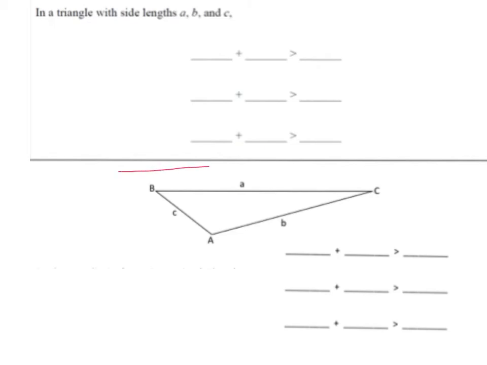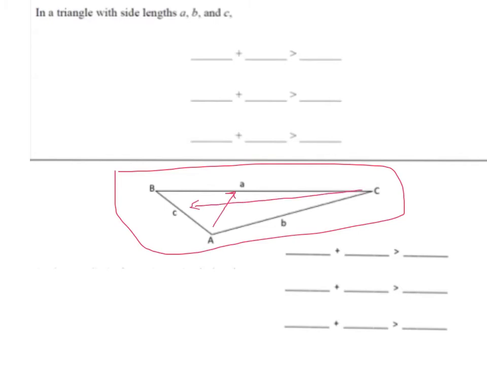So if you can look down here at my triangle for a second. Notation-wise, I have triangle ABC, and opposite angle A is little a, opposite angle B is little b, opposite angle C is little c. So we denote the side lengths by lowercase letters based on the vertex they're opposite.